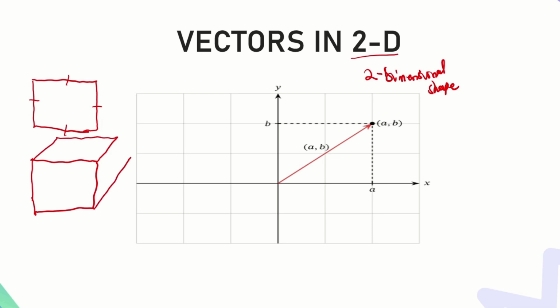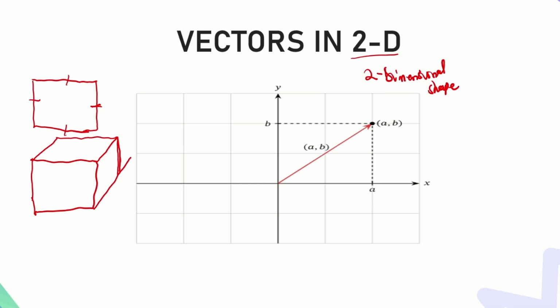The television sets and fridges that you have at home are three-dimensional, and your calendar is a two-dimensional shape. So we want to consider vectors when we look at them in a two-dimensional shape.